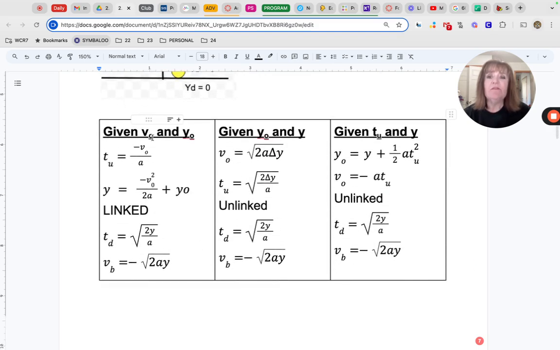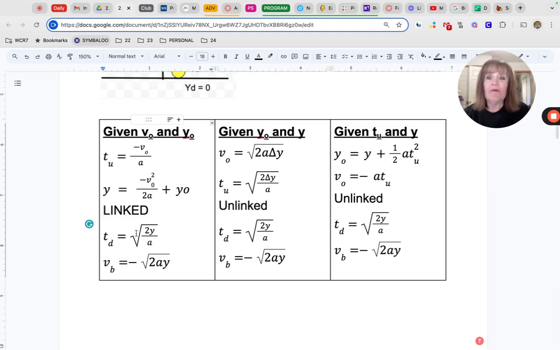If you're given the v naught and the y naught, your up equations to find time up and ultimate height are linked. That's a key word. These are linked equations, linked to your down, because the only way to find time down is from the height.